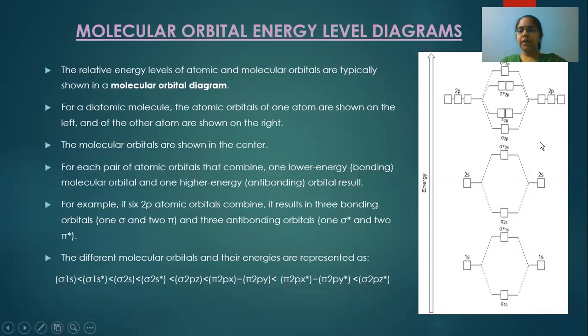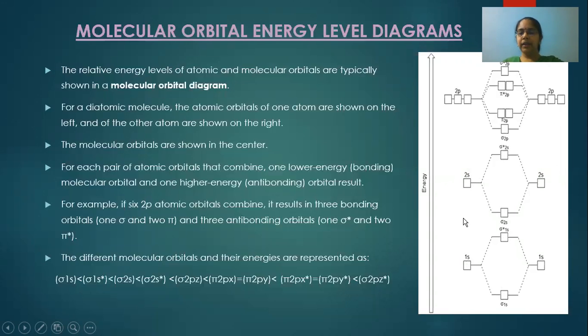While representing a molecular orbital energy level diagram, the atomic orbitals of the two atoms are drawn on the left and right side, whereas the molecular orbitals are drawn in the middle. So this is the representation of a molecular orbital energy level diagram.